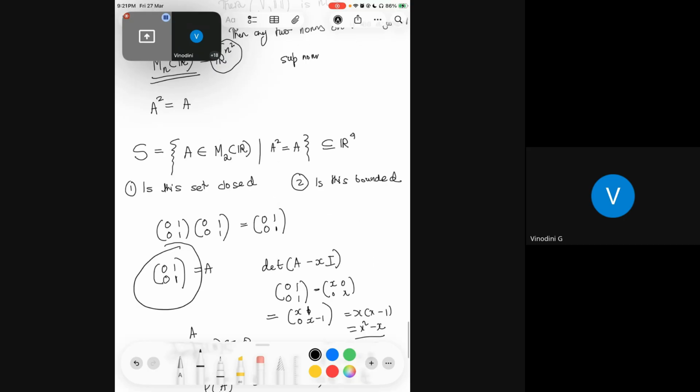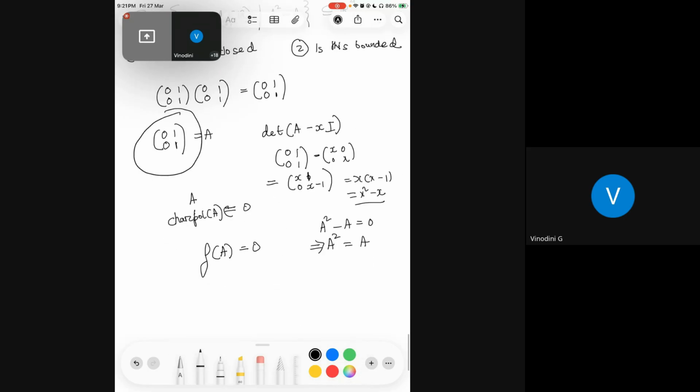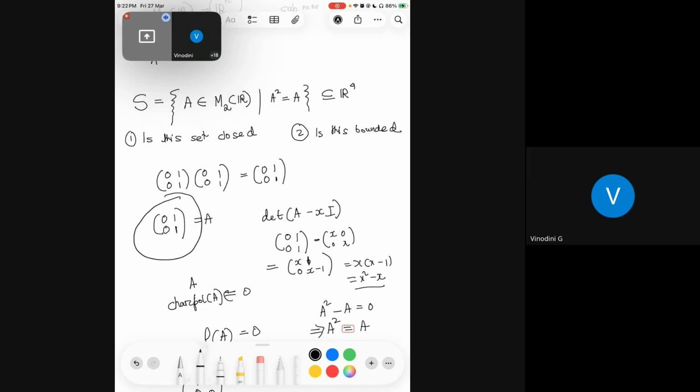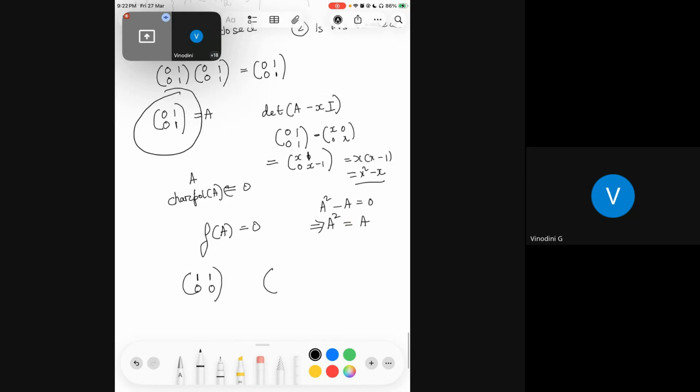So this is a projection matrix, right? You gave a very good example. To make things simpler, I am giving the one above. Now S is bounded, so we have to ask: is this a projection matrix in general for any real number t?